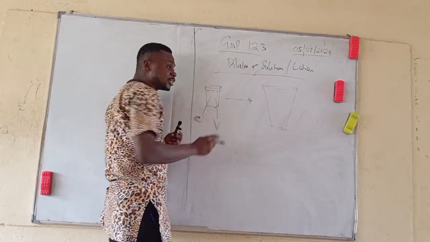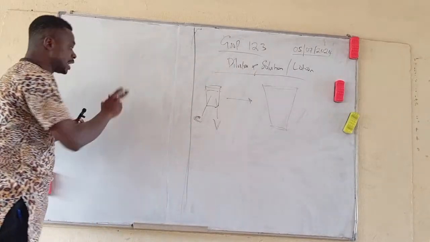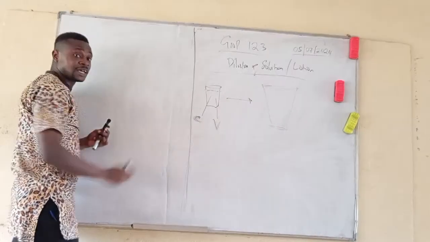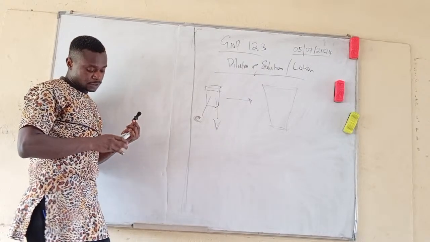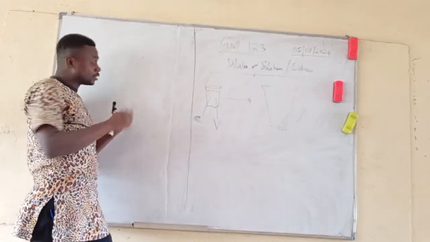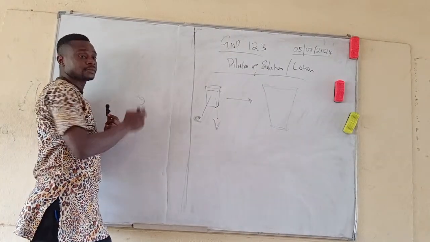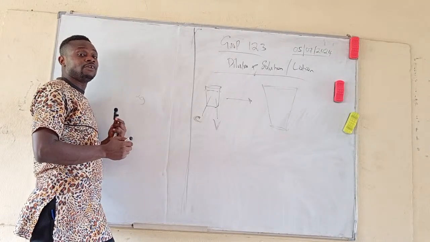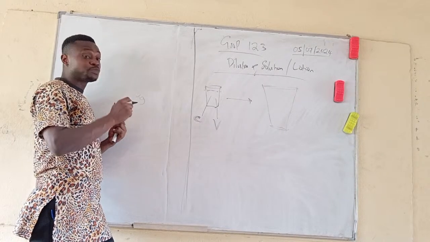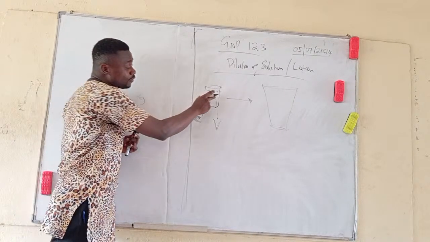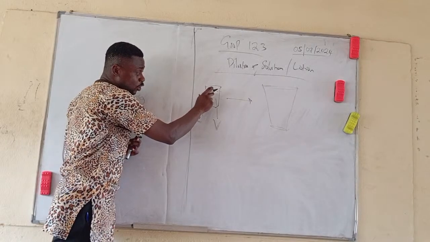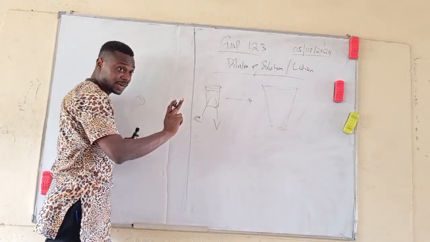Let's assume you have salt, 2 grams of salt, for example. You dissolve that 2 grams of salt inside this solution. Now what is inside is 2 grams of salt, right?